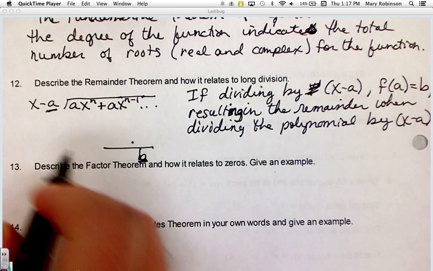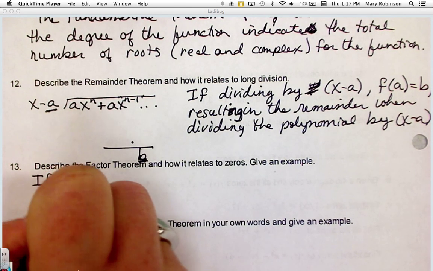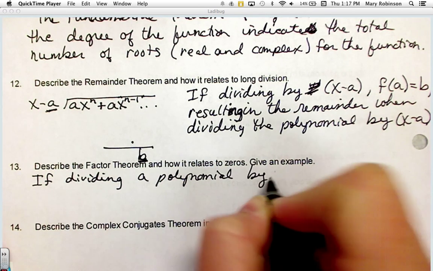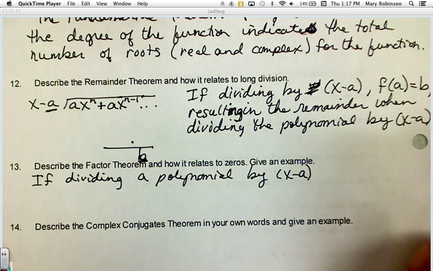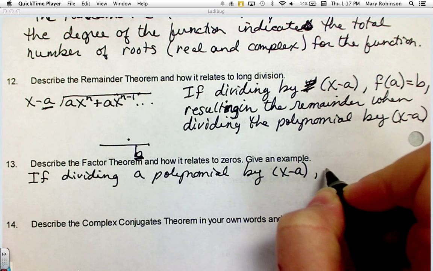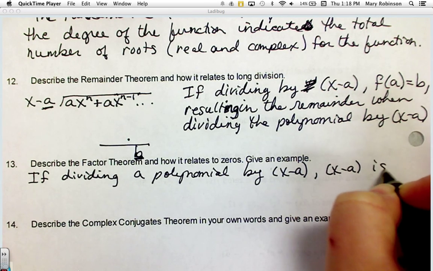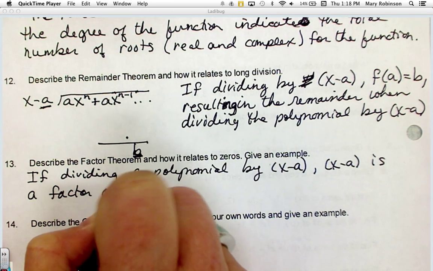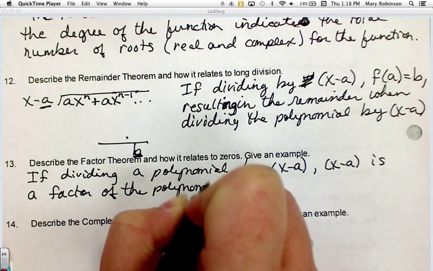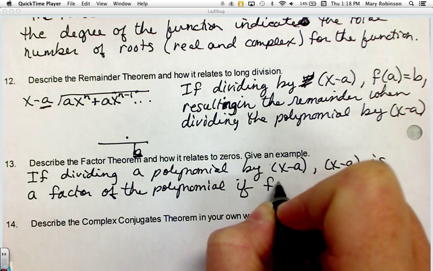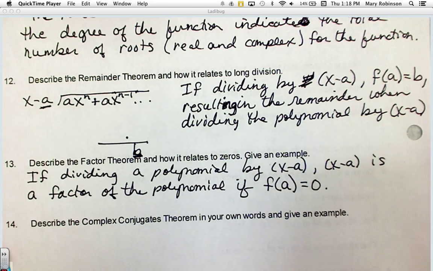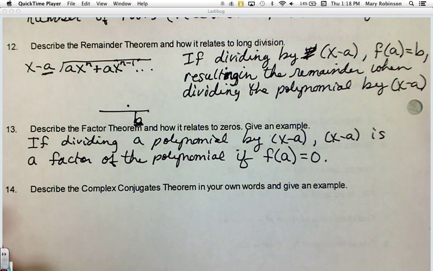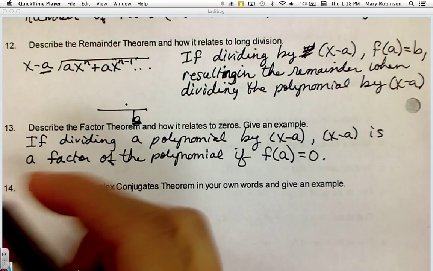The factor theorem says that if dividing a polynomial by x minus a, then x minus a is a factor of the polynomial if f of a equals 0. That's the factor theorem.